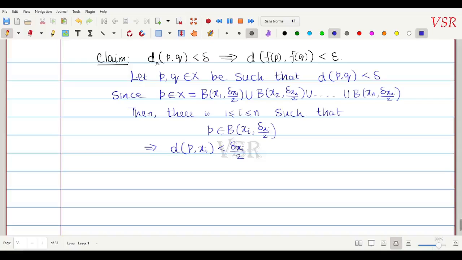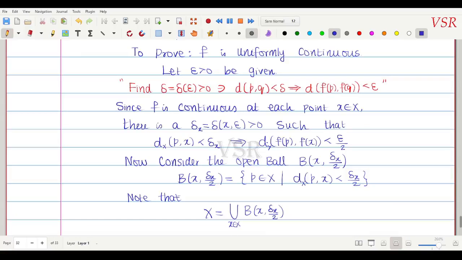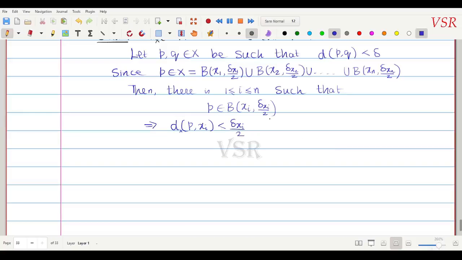This is the distance in X. If the distance is less than delta xi by 2, then it is always less than delta xi, and so this condition must hold.